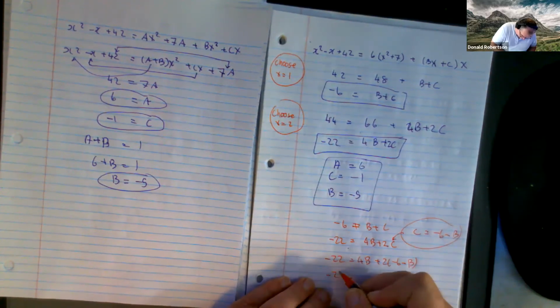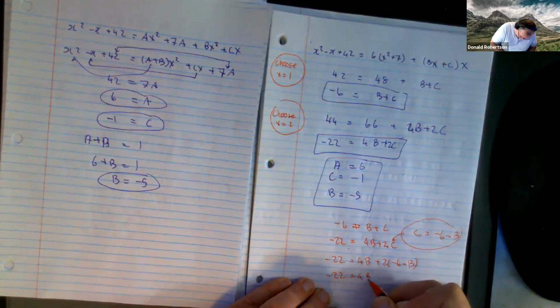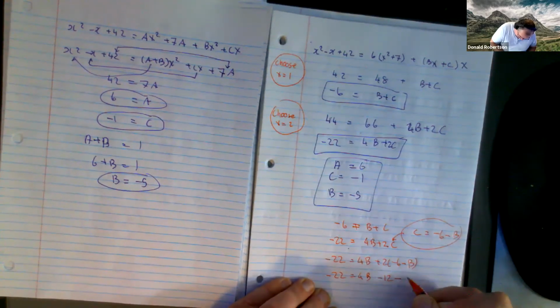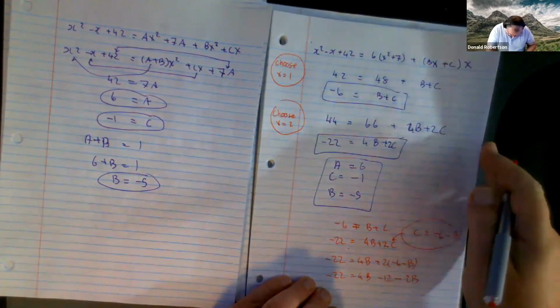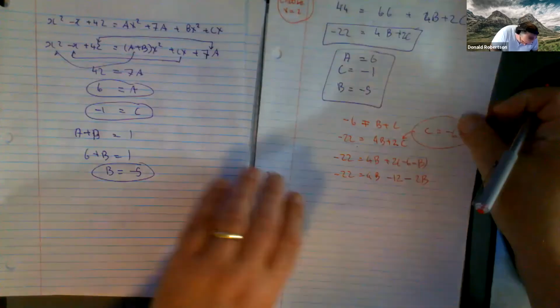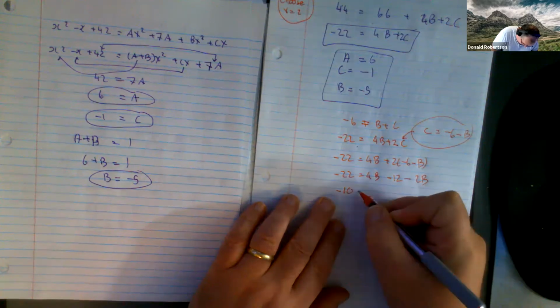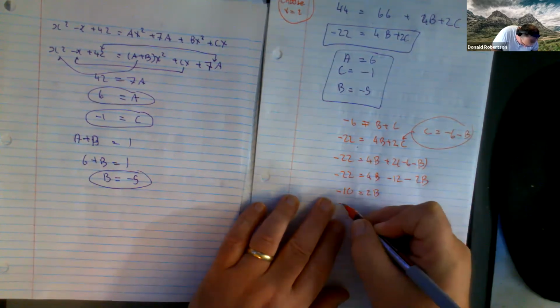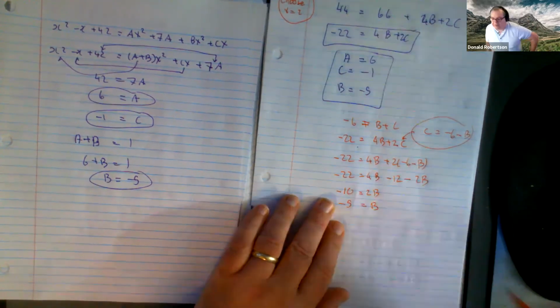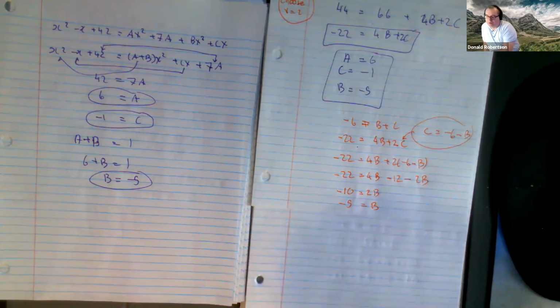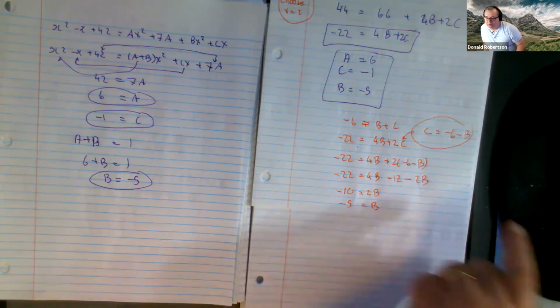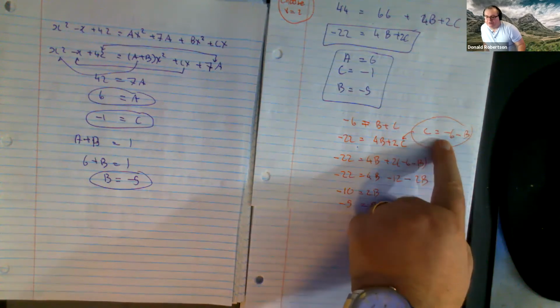If you add 12 to both sides, you get that. And can you now see where the b equals -5 came from? And then you could work back and get c by -6, take away -5 and get -1.